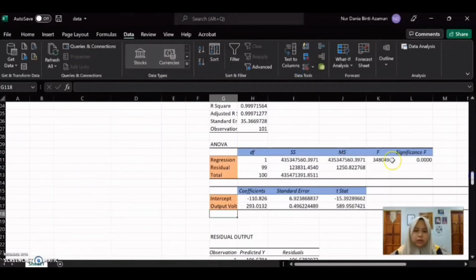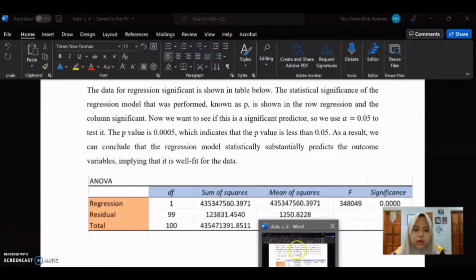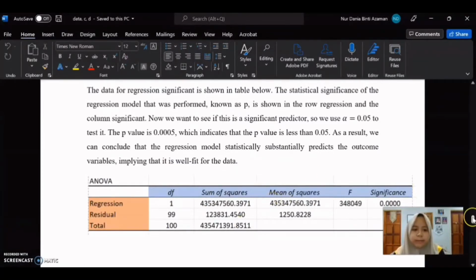Then we get the table. Here is the table of regression and residual. This is the sum of square, mean of square, F, and significance F. Here is the value. Then this is the coefficient table. So we compare to our result. So here it is the same.